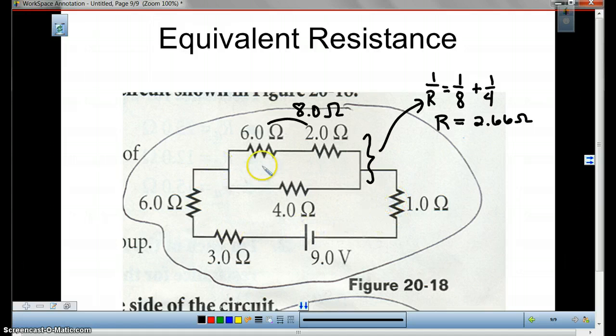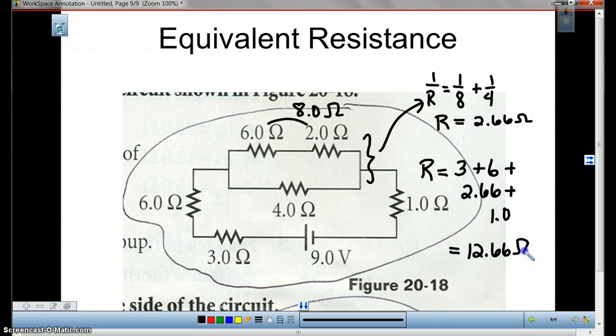So now what I need to do is just add up the resistance: the 3 plus the 6 plus the 2.66 plus the 1. And we'll get 12.66 ohms total resistance for this circuit.